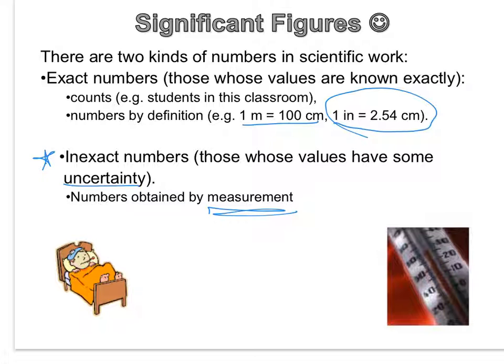So you're getting closer and closer, hopefully, to a more exact value. But there's still going to be some uncertainty in that value because when we measure in science, you still are always going to estimate the last digit. So we'll talk about that more in just a moment.